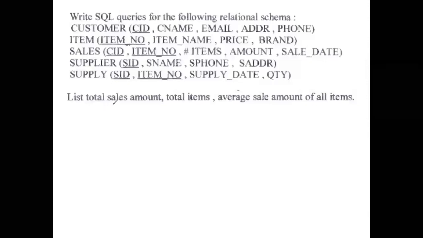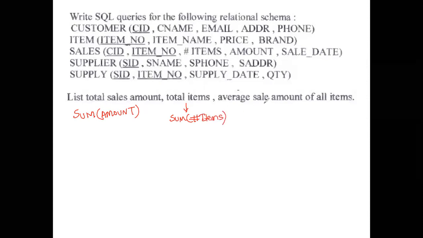In order to get the total sales amount, the aggregate operator which we use is sum. So sum of amount. Then total items can be obtained using sum of the number of items.